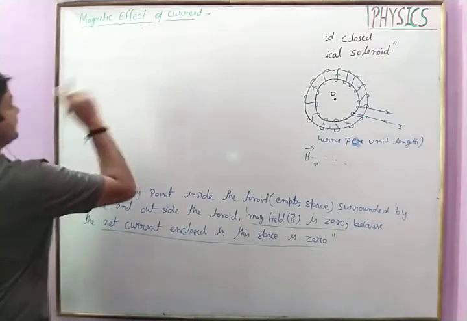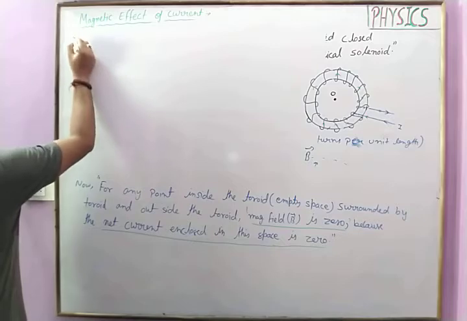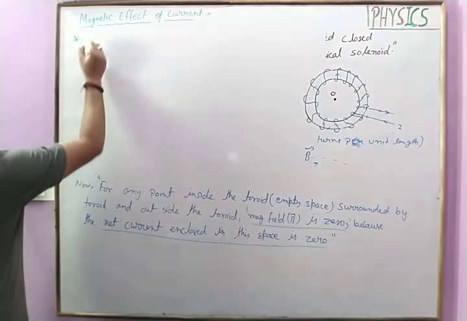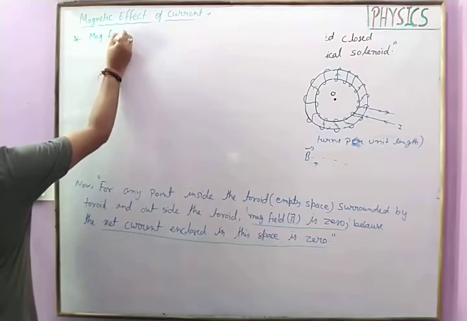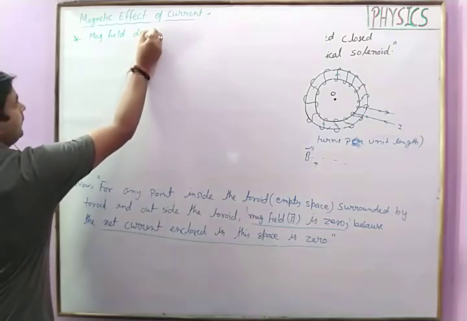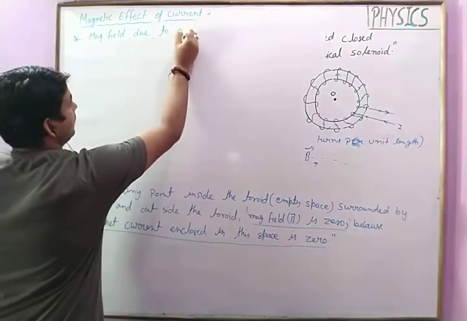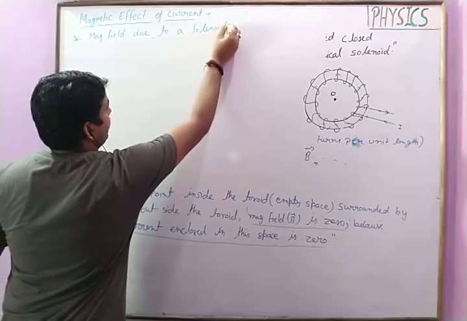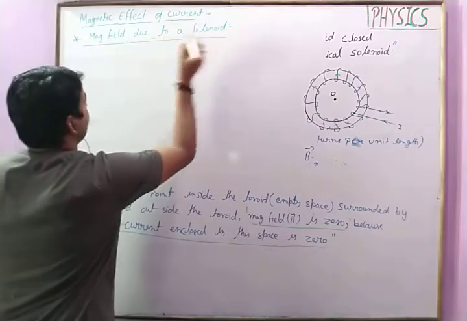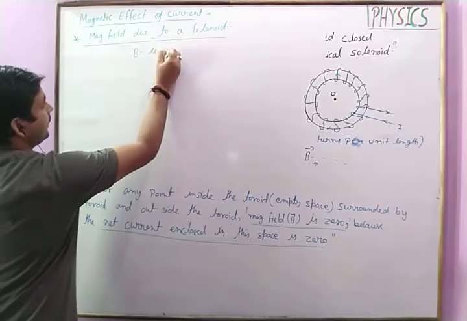In the last class or in the previous lecture, we understood about the magnetic field due to a solenoid. Okay, that field is given by B is equal to mu naught N i.